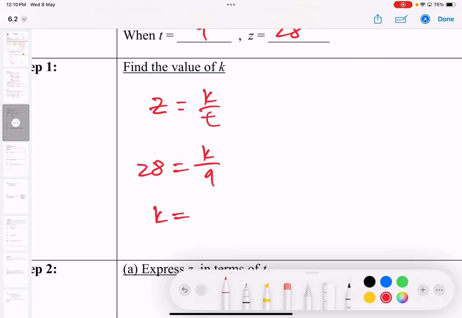If you want to get rid of a fraction, what is the opposite operation of divide? Times. So can you think of a plan? How can I get rid of this 9? What do I have to do to both sides? Times 9. That might be a plan. Elvis, can you carry out the plan? Find out what is K. Okay, so what is K?